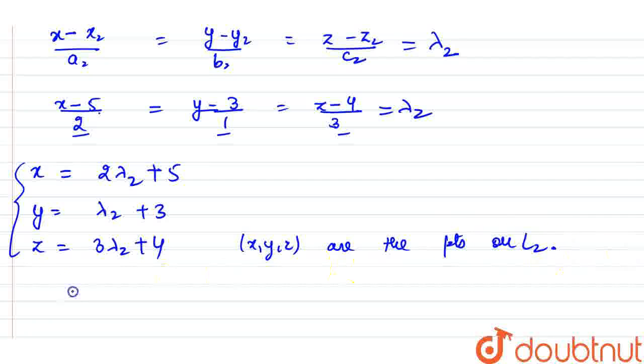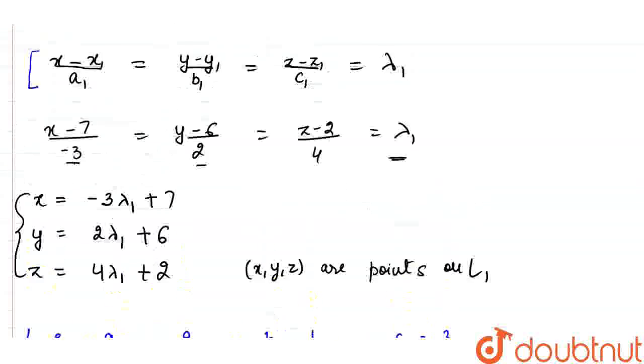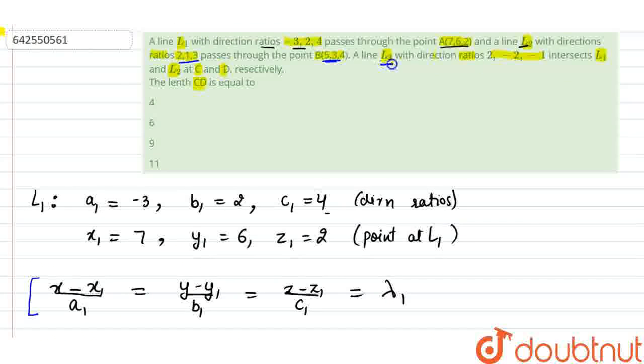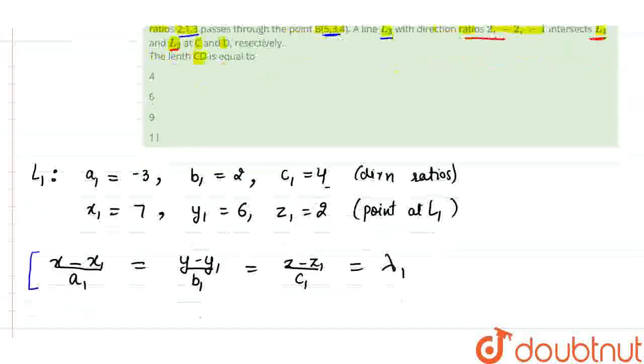So we have obtained the points on the L1 line as well as on the L2 line. Now consider the line L3 that we have been given. This line L3 has direction ratios 2, -2, -1, and it is saying that this line intersects L1 as well as L2. First we consider that L3 is intersecting L1.